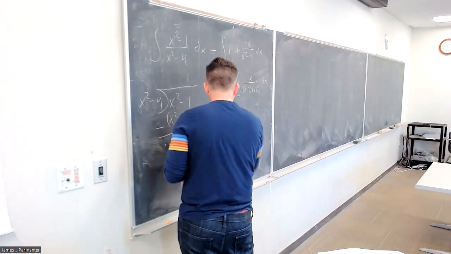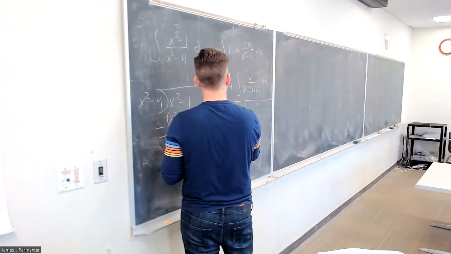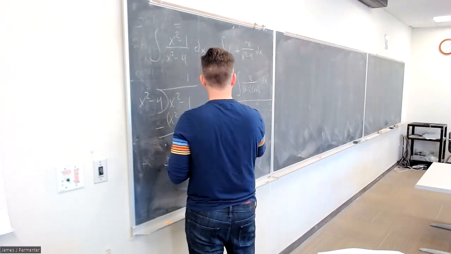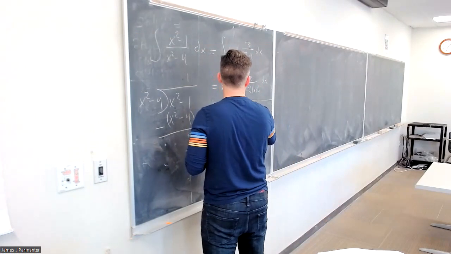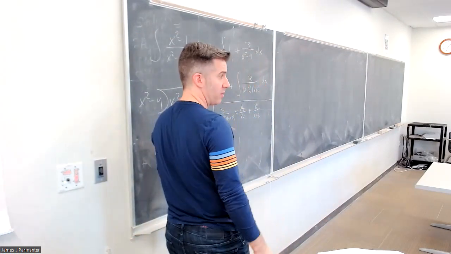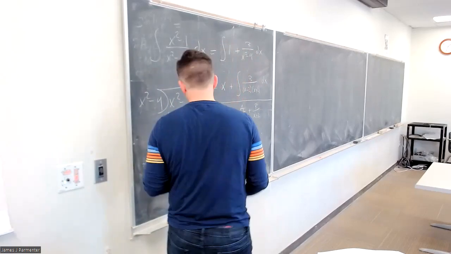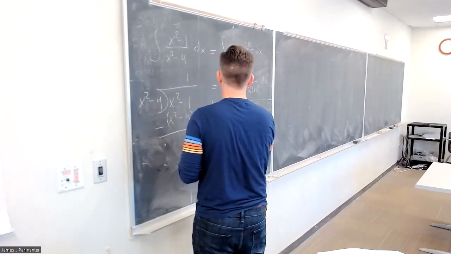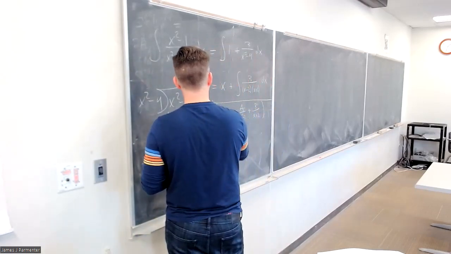So partial fraction decomposition, right? We do 3 over x minus 2 times x plus 2 equals A over x minus 2 plus B over x plus 2. And then we multiply both sides by the common denominator, which is x minus 2 times x plus 2.